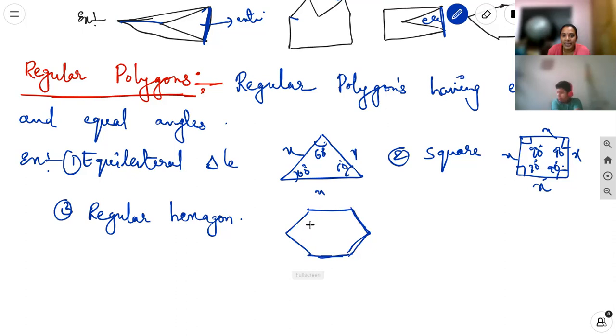In this all sides are equal, all angles are equal. So this is x, x, x, x, x, x. In this 1, 2, 3, 4, 5, 6 sides. Each angle is 120 degrees. So such type of polygons are called regular polygons.